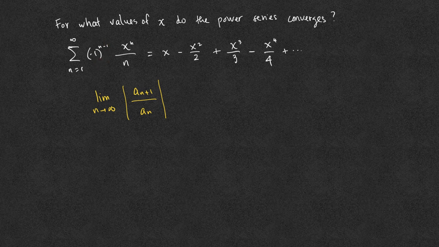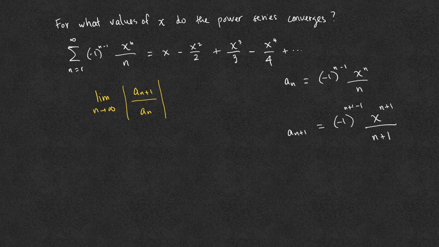In this case, the general term a sub n is (-1)^(n-1) x^n over n. And therefore a sub n plus 1 is (-1) raised to the power n plus 1 minus 1, because we simply replace n with n plus 1. x to the power n plus 1, and again replace n with n plus 1. The denominator is n plus 1.